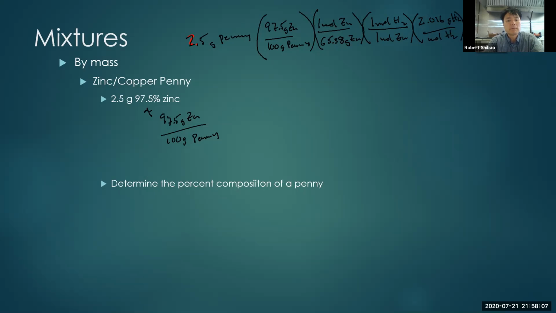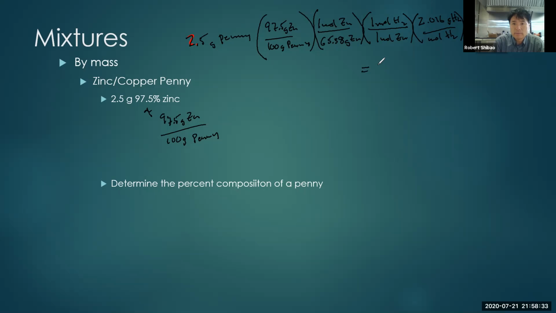And so let's go. So we have 2.5 grams of mixture. So 2.5 times 97.5 divided by 100 divided by 65.38 times 2.016. All right, so how many grams of hydrogen do we produce?